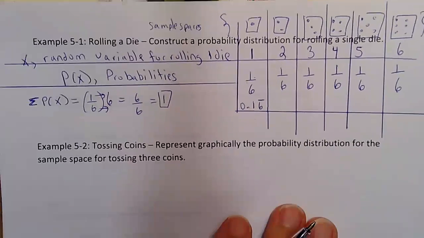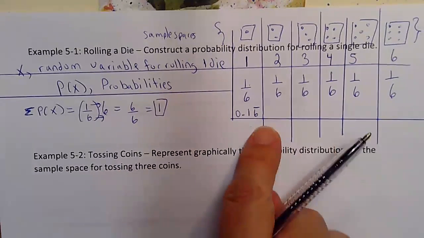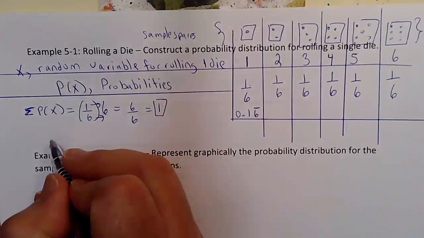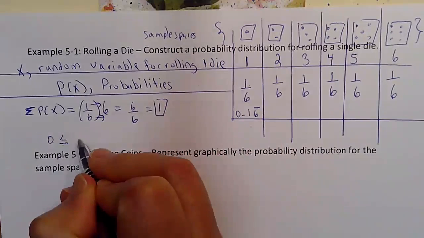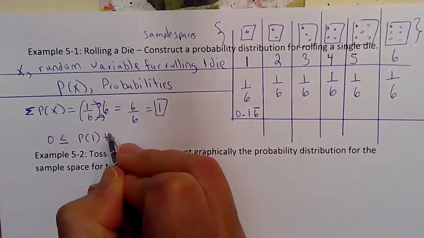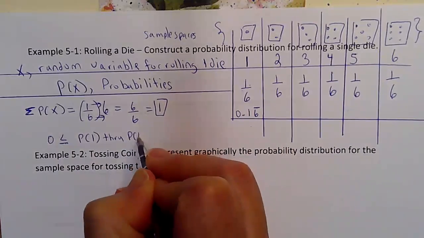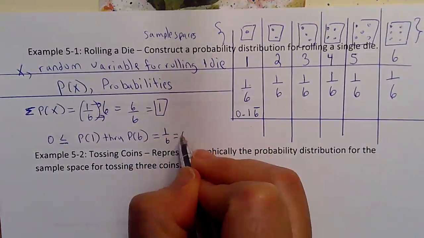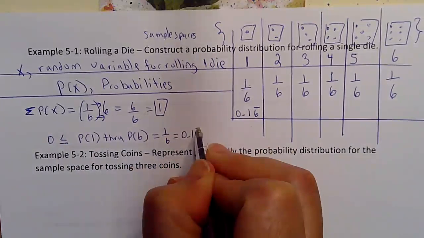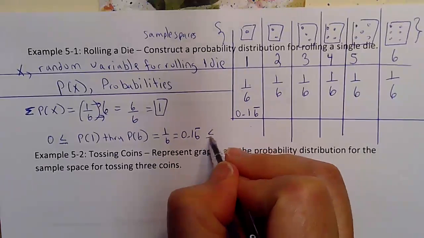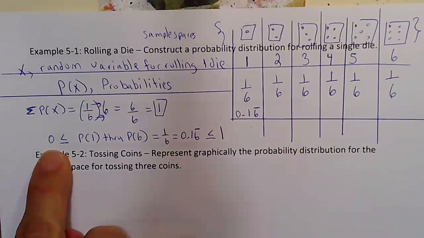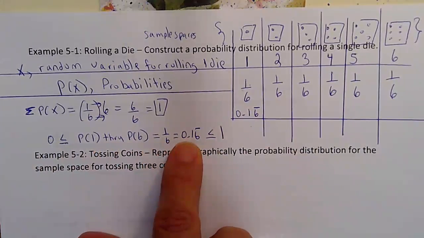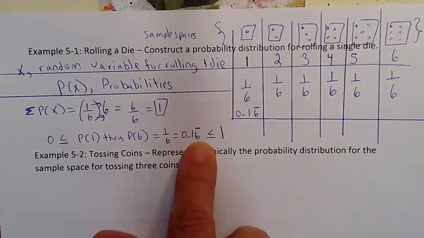And then each one, if I round that off to like 17 cents, meets this requirement. Probability of 1 through probability of 6 are all equal to 1/6, which is about 0.16 repeating, about 17 cents.